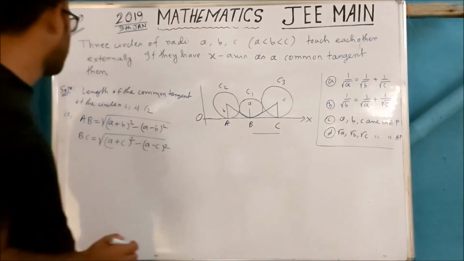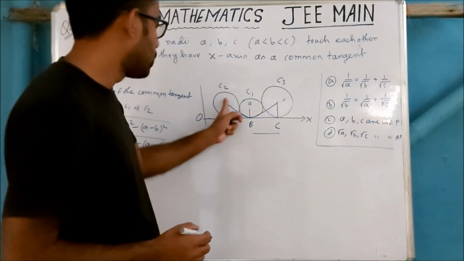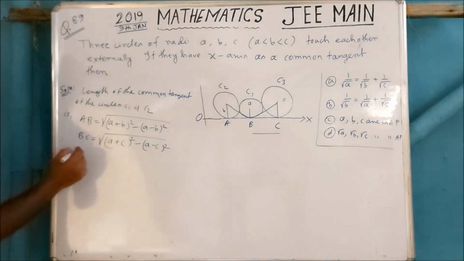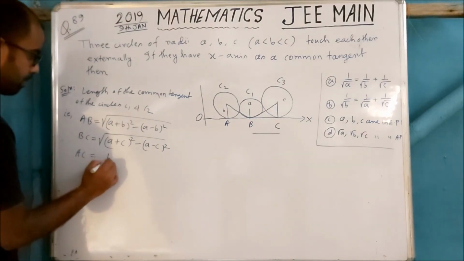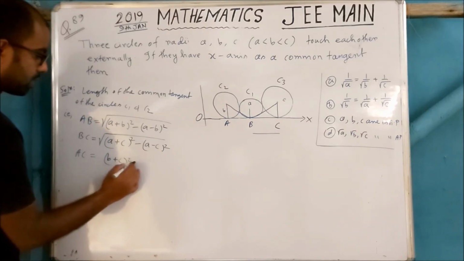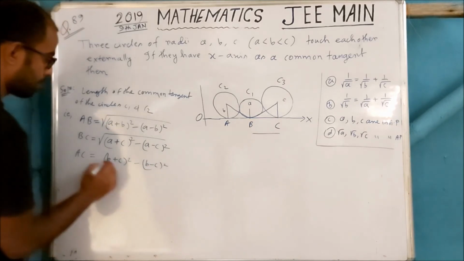Again, we find the length of the common tangent of the circles C2 and C3, which is AC. We get root of (B plus C) square minus (B minus C) square.